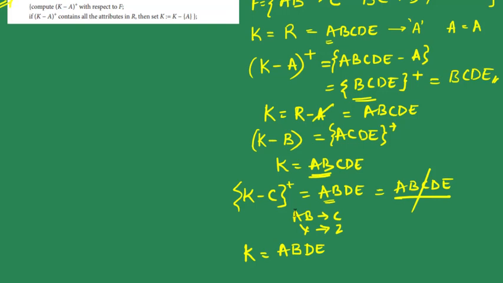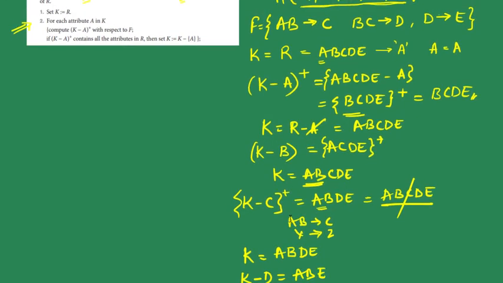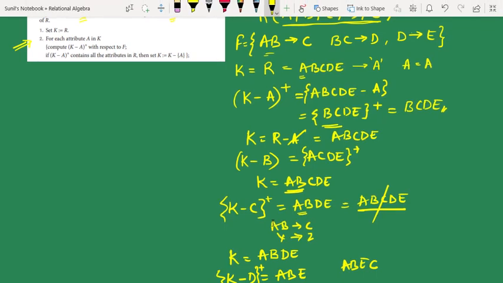Now go and find out K minus D, which is A, B, E. Okay. Now the first functional dependency is AB arrow C. So AB will restore C into this, because Y, which is AB, is part of X plus, so Z, which is C, should be included here. Okay. Now if I go to BC, BC is present here, so BC arrow D will restore D into this.